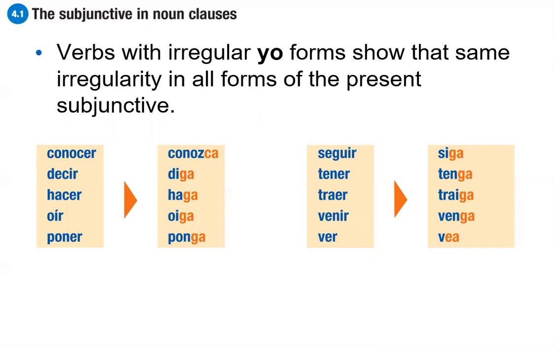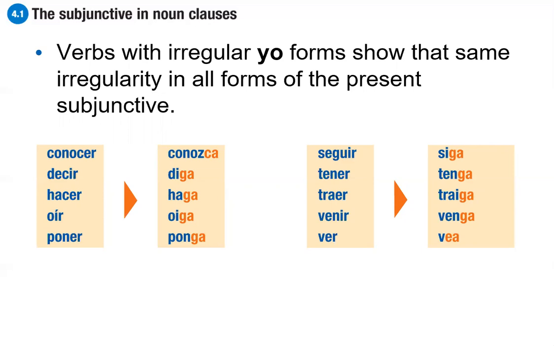So we'll have conozca for the yo, conozcas, conozca, conozcamos, conozcáis, conozcan. And diga, digas, diga, digamos, digáis, digan, haga, hagas, haga. Throughout, we're going to have all those changes. And so that's why we do the yo form, drop the O, because that irregular form that happens in the yo form happens in all of the forms of the present subjunctive.